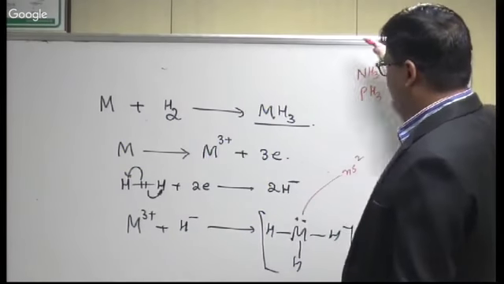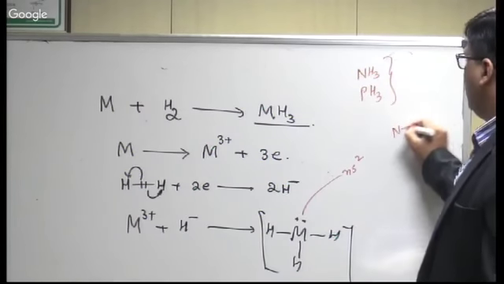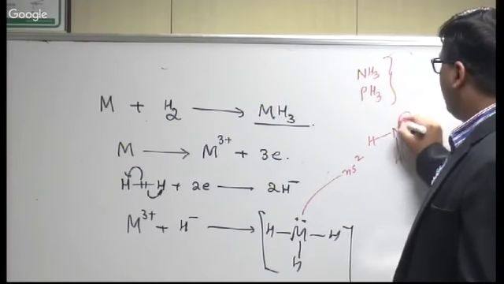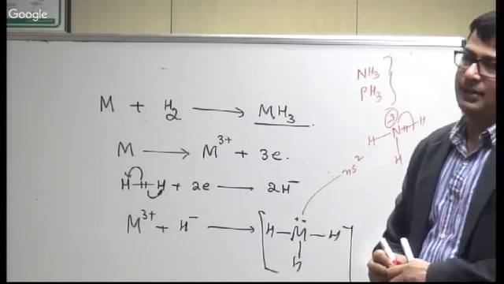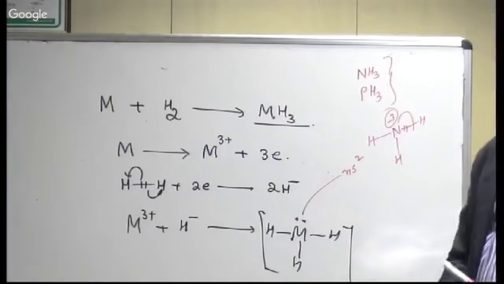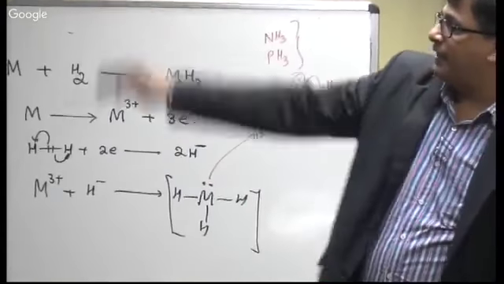Now it depends upon the electronegativity. In the case of nitrogen and hydrogen, nitrogen is more electronegative. Therefore, the oxidation state of this nitrogen is -3. Nitrogen and hydrogen, which is more electronegative? Nitrogen. So all elements form hydrides of type MH3.